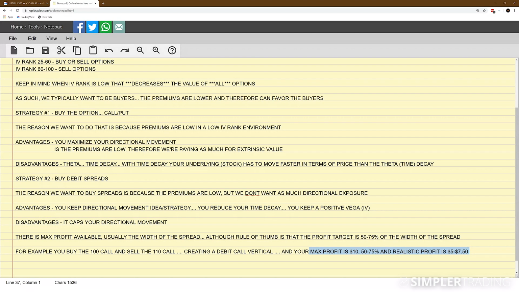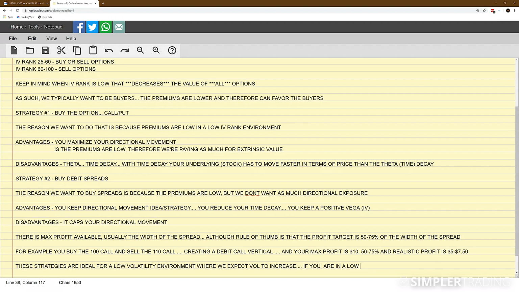These strategies are ideal for a low volatility environment where we expect vol to increase. If you are in a low vol environment and you expect volatility, I'll say IV, to continue to decline, you typically want to do the strategies that we covered yesterday.